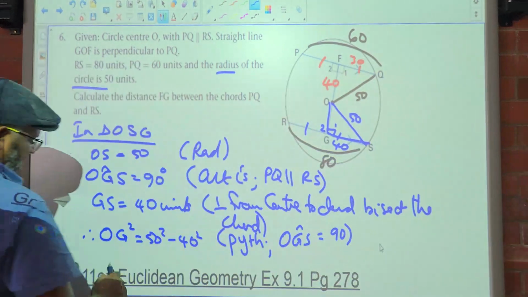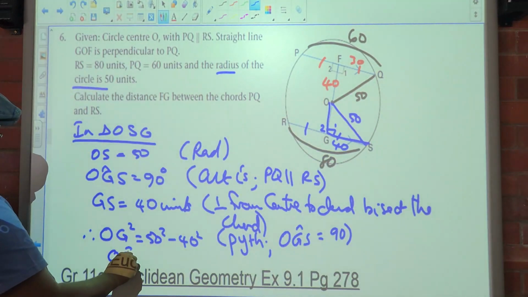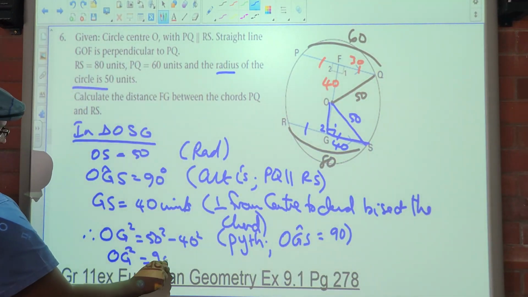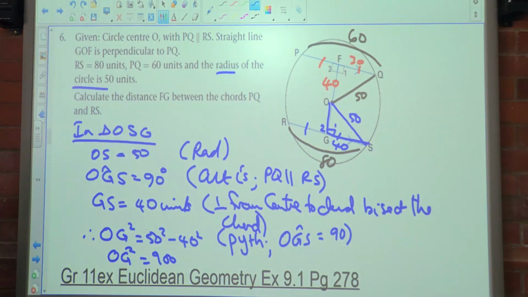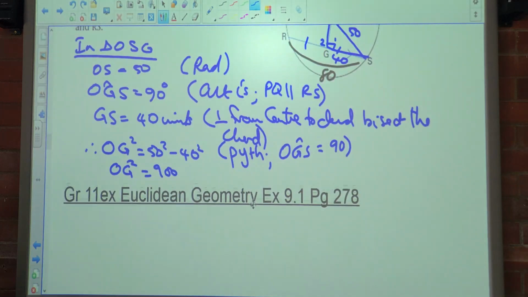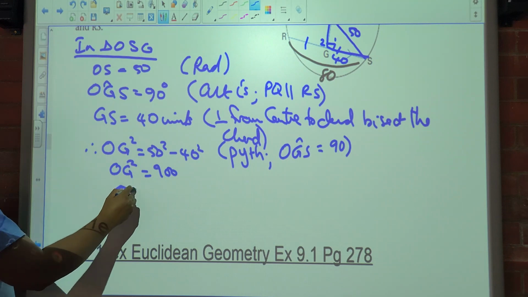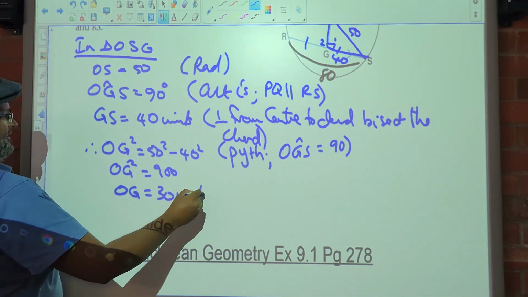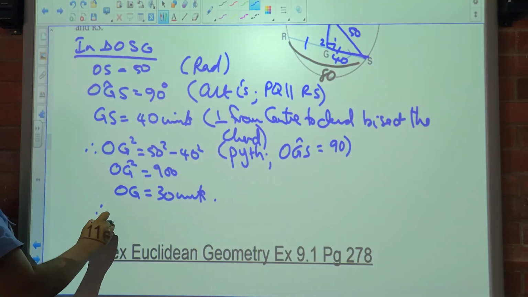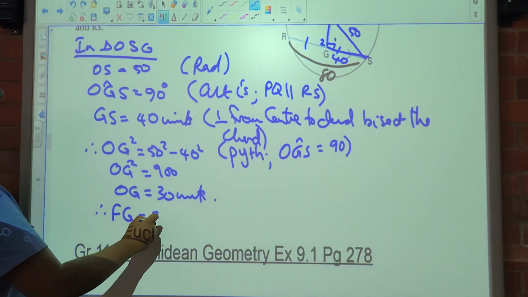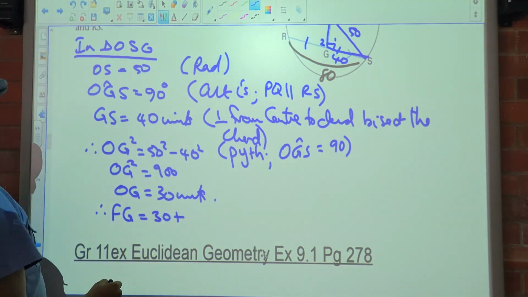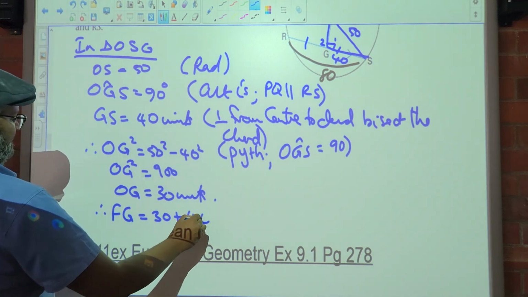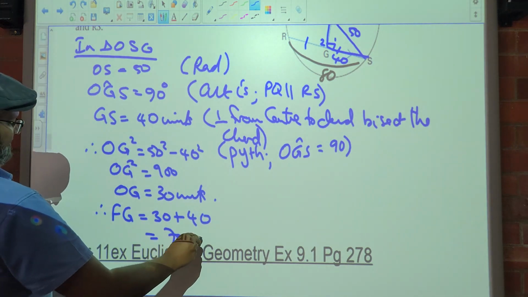So OG squared works out to be 900, not so? So OG works out to be 30. Never forget to answer the question. They want FG, which is going to be OG plus OF, which is 17.